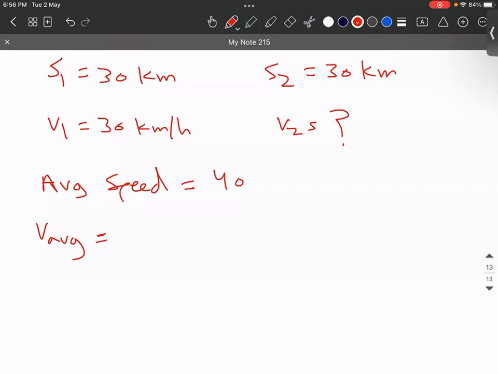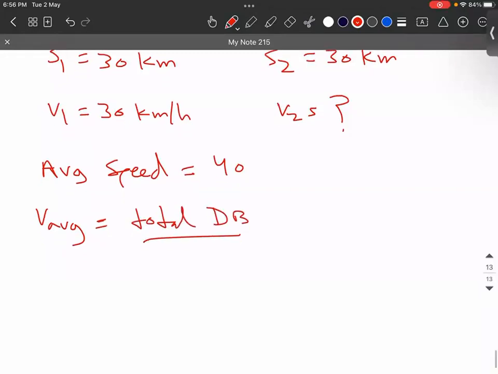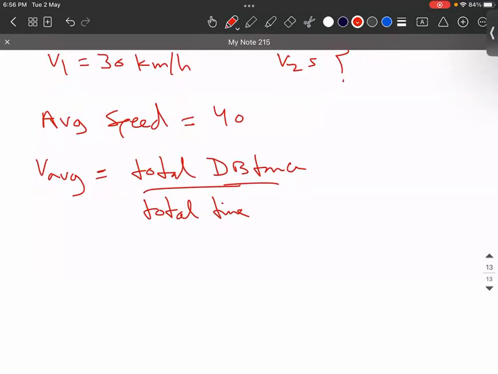Average is total distance by total time. This will be equal to S1 plus S2 divided by T1 plus T2. Clear.